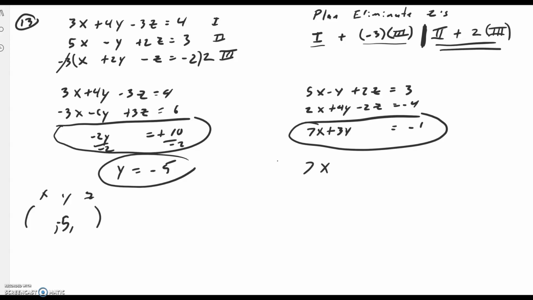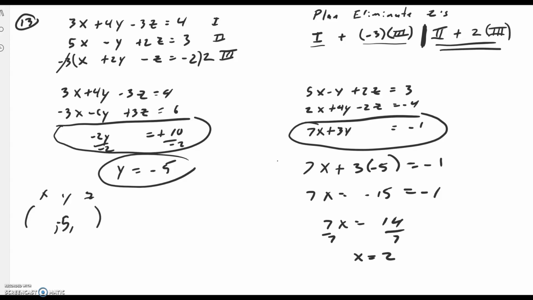And over here in our second equation, if we put a negative 5 in for y, if we substitute, we ought to be able to figure this out pretty well. Adding 15 to both sides and dividing both sides by 7, we have x equals 2. And now armed with x is 2 and y is negative 5, we can go back to any of the first equations.